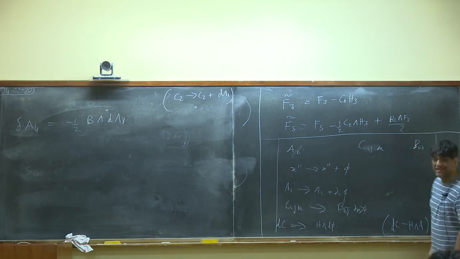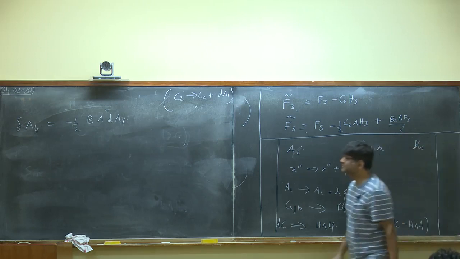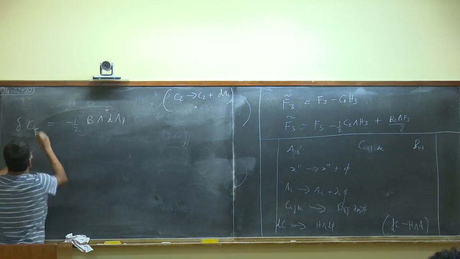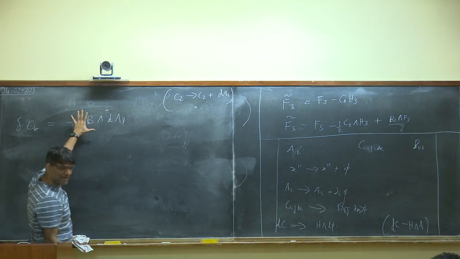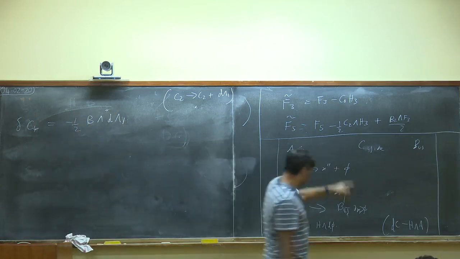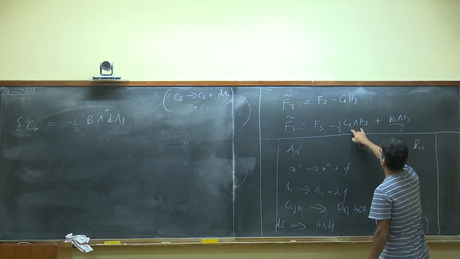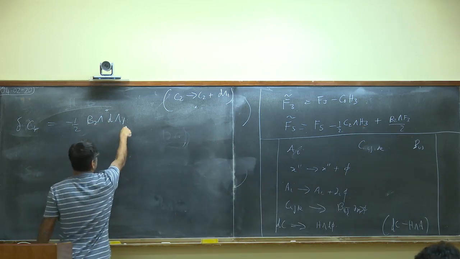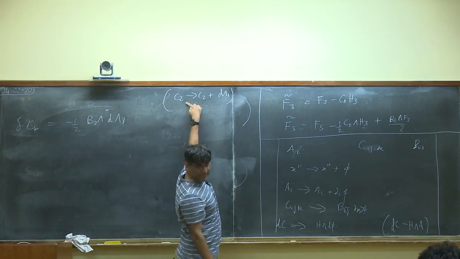H3 is dB2. That is C4. Yes, this is C4. Delta C4 is equal to minus half, and don't worry too much about this number, we're not getting it right, B2 because we had H3, so B2 wedge d lambda 1, where lambda 1 is the gauge transformation parameter for C2.